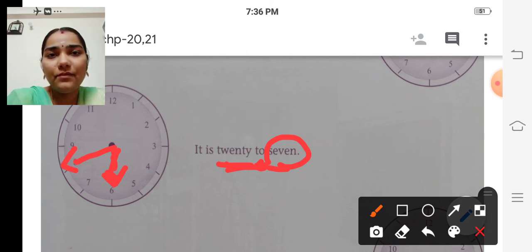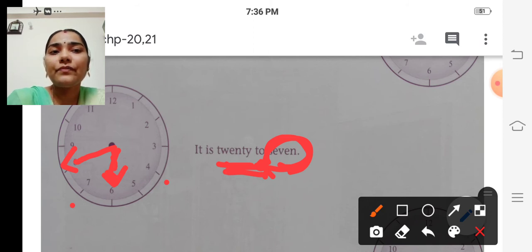So clear, children? If they have given like 20 past 7, it means 7 is the present hour. Okay, and 20 means the minute hand should be at 4 and the hour hand should be at 7. Here they have given 20 to 7, so 7 is the next hour.